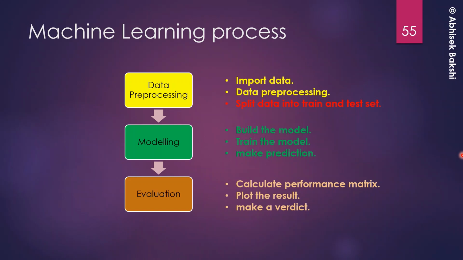Okay, so you see that we come back to the steps again because we have completed the data processing part. Completed in the sense we have discussed a few levels of data processing techniques, like imputation of missing values, feature scaling, and categorical feature encoding.